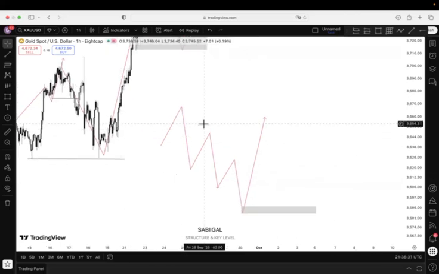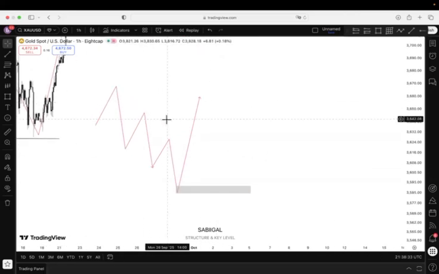Come to this last drawing that I just did. The one that went up to break the first and the second one.